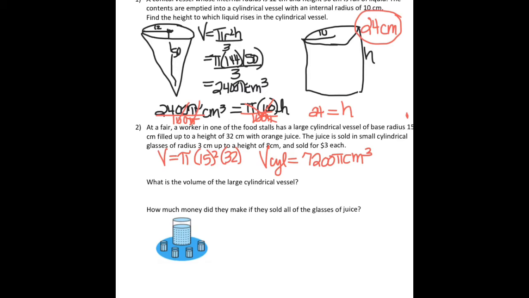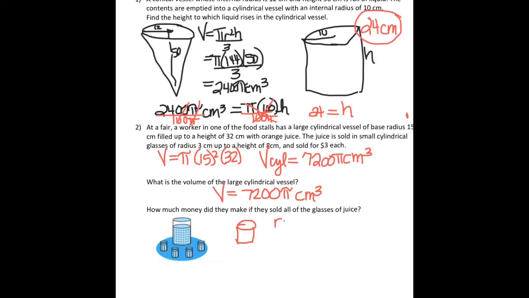So we're going to take this large container, think of it as a giant pitcher of orange juice, and we're going to dump it into smaller containers. So the large container has a volume of, what did we say? 7,200 pi centimeters cubed. Let's find the volume of one of the small glasses. Those are just small little juice glasses.